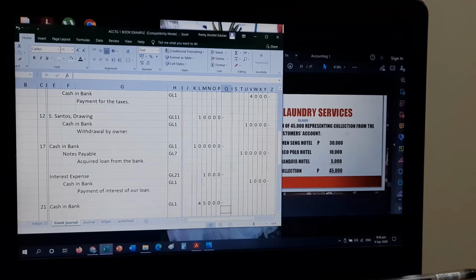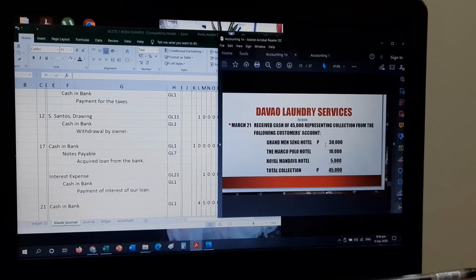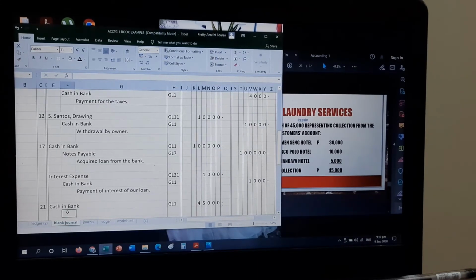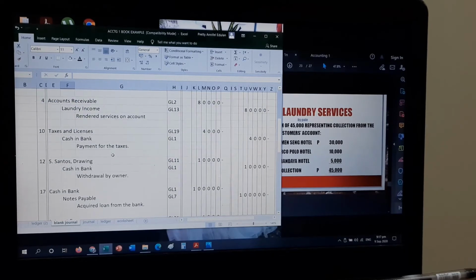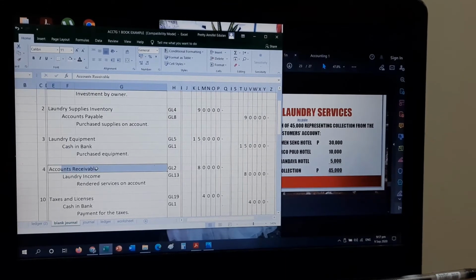So what is our credit? We received cash, so we need to lessen the balance of our customer. How do we lessen the balance of the customer? This is in relation to March 4. Remember, we rendered services and the customer didn't pay us, so we debited accounts receivable.